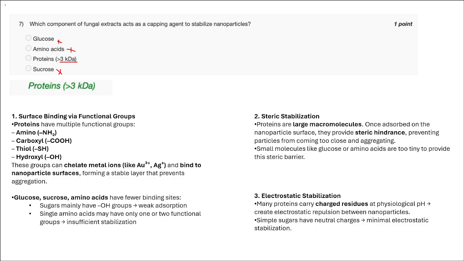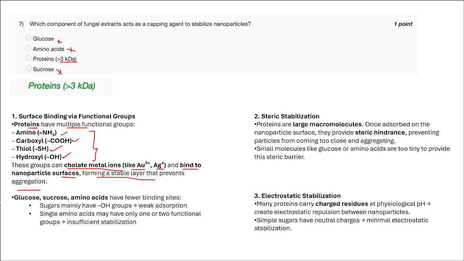The first one is surface binding via functional groups, which proteins provide. When we're talking about proteins, they have multiple functional groups: amino group, carboxyl group, thiol group, and hydroxyl group. What do these functional groups do? They can chelate metal ions like Au3+ and Ag+ and bind to the nanoparticle surface, which forms a stable layer that prevents aggregation.